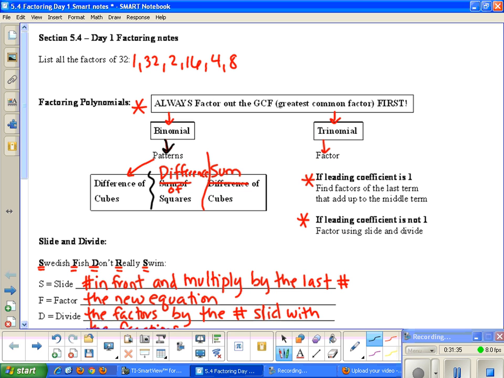For right now, if it's just a binomial, just factor out the greatest common factor if there is one. Trinomials, which means 3 terms, we're going to factor. If the leading coefficient is 1, then find the factors of the last term that add up to the middle term. If the leading coefficient is not 1, then factor using the slide and divide method. So if there's something that you missed, make sure to go back and look at that and have all this ready for class.